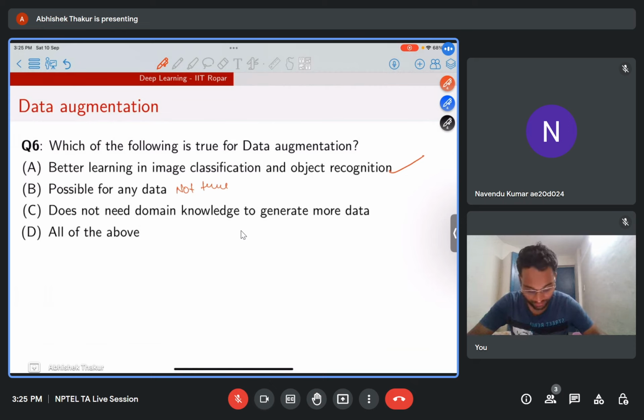Now point C: it does not need domain knowledge to generate more data. It requires domain knowledge, because it works well in image classification and object recognition.